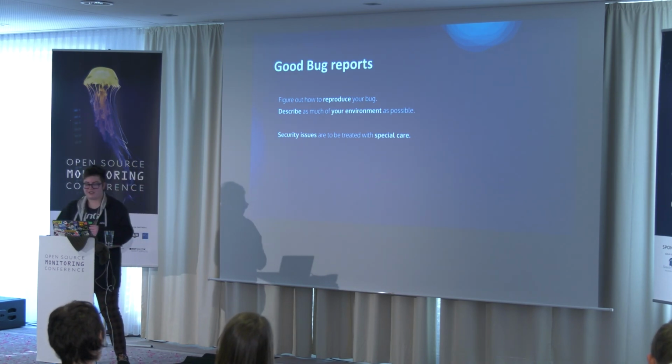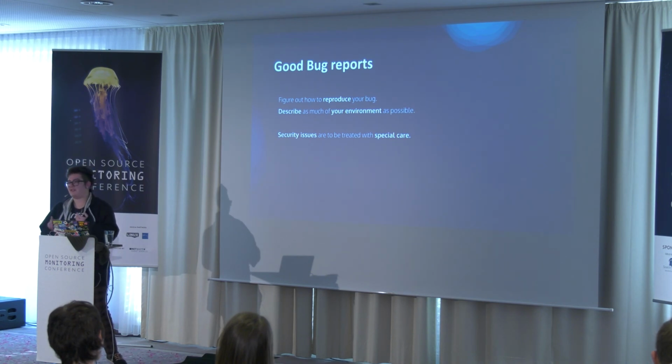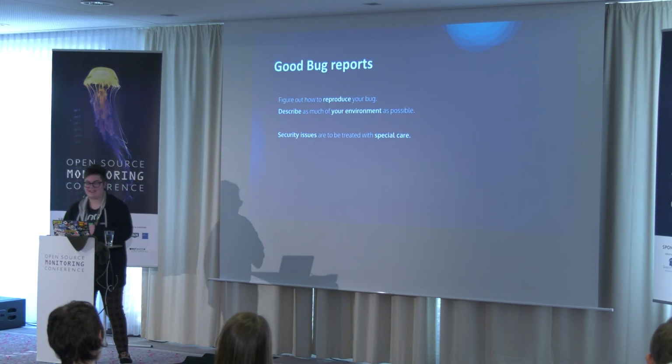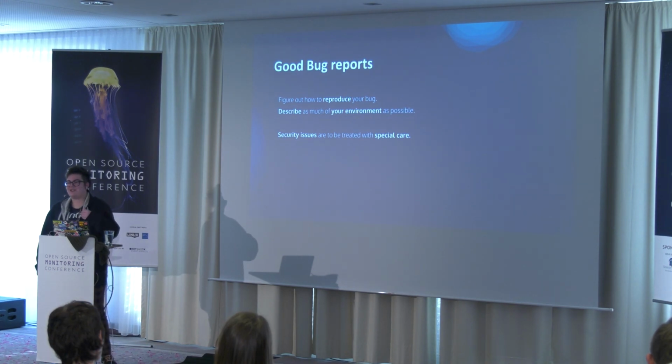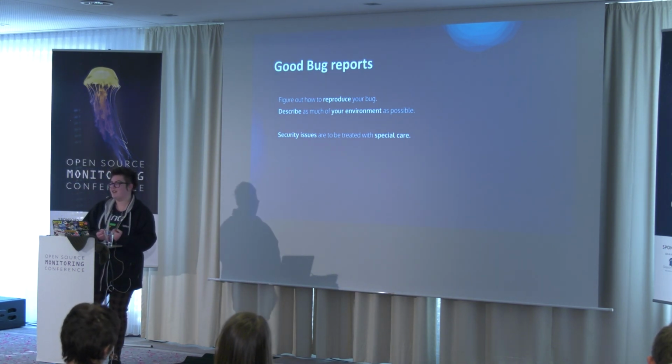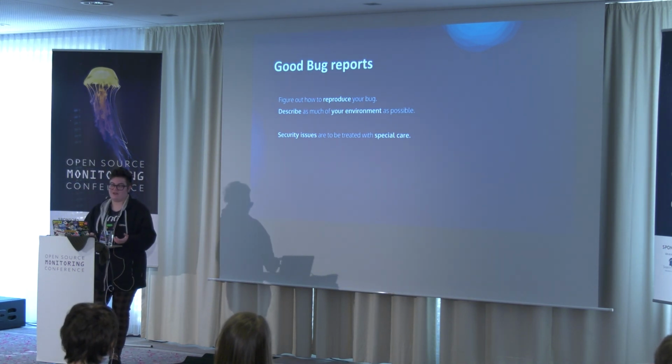And security issues are to be treated with special care. So if you think that maybe the software is vulnerable to an attack, to any kind of cybercrime is the keyword, I think, you should not really open an issue on a public GitHub, because that is an easy way for people to get in and to figure those out.